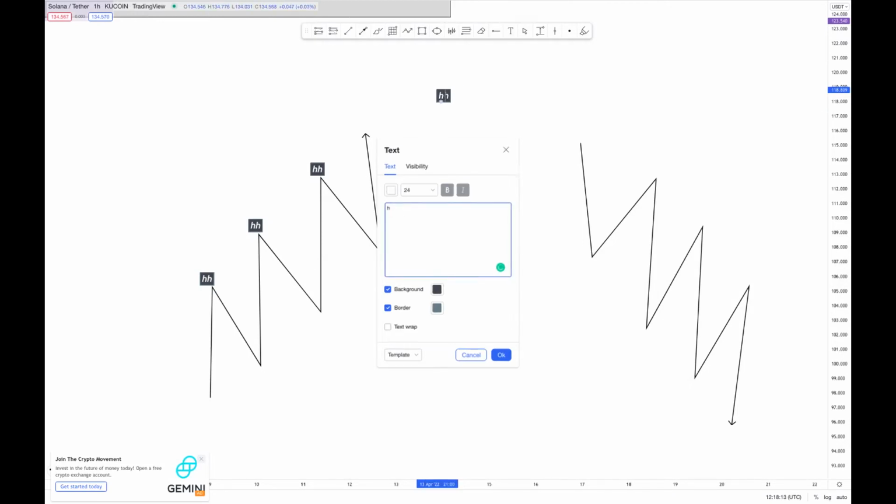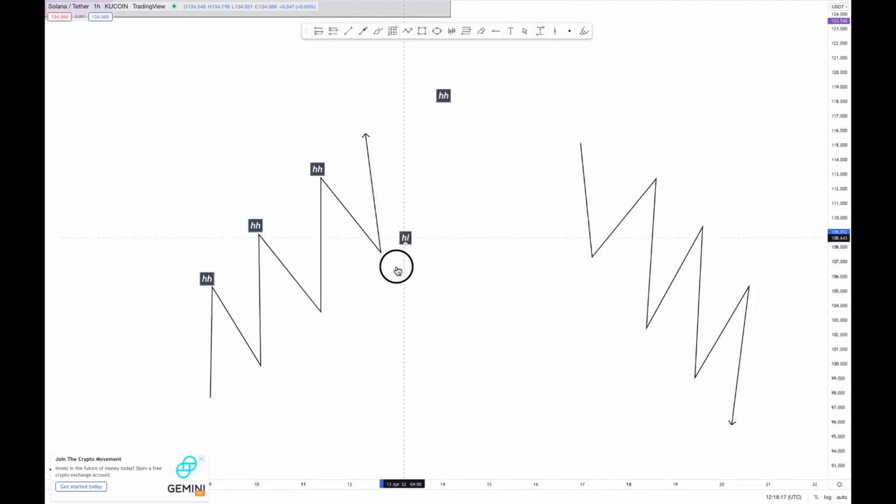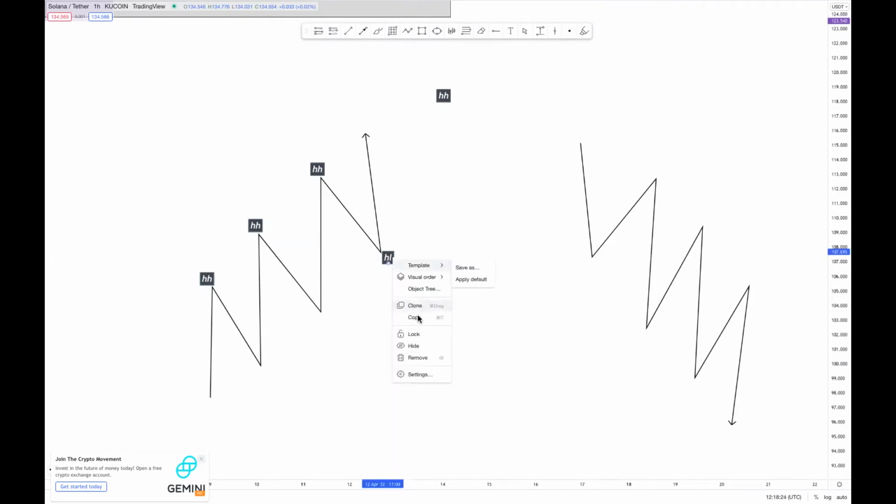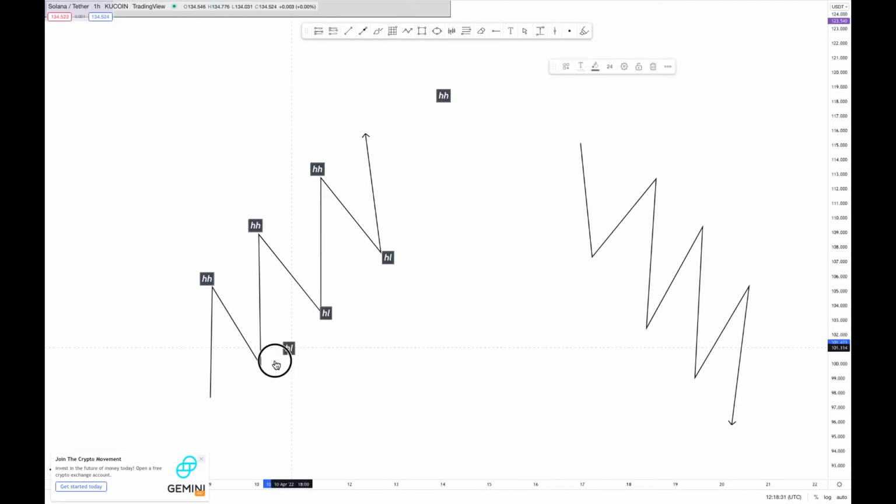I have here a higher low. Clone again. I'm just going to put it right here and right here too.